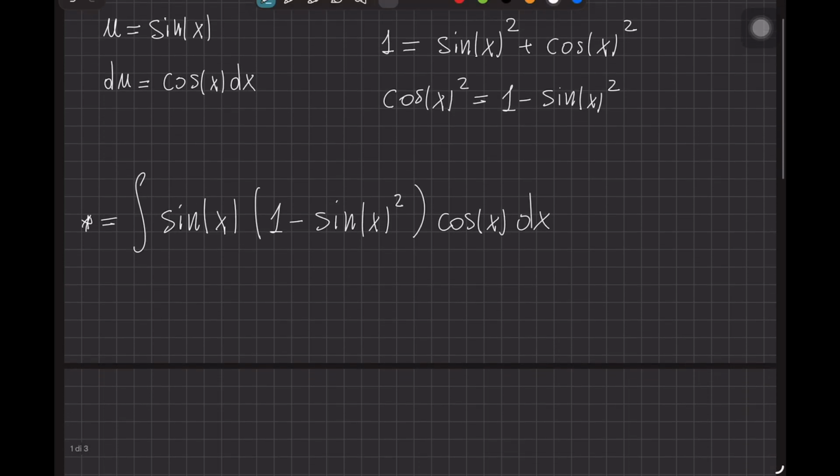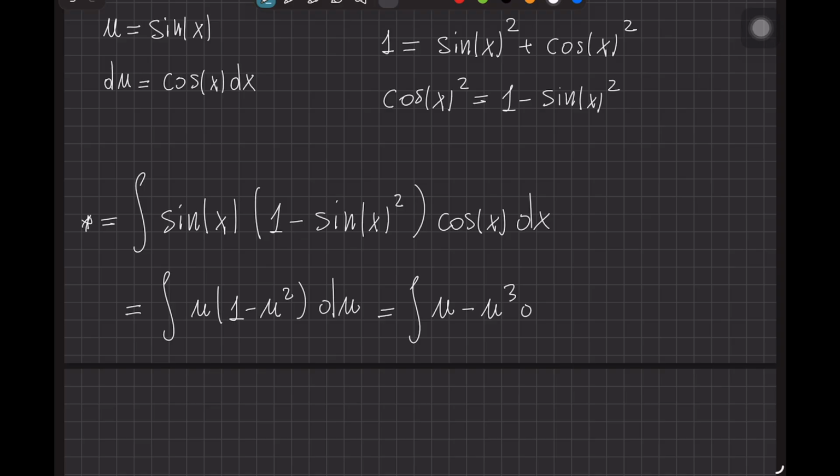So we are left to compute the integral of u times 1 minus u squared du, which we can rewrite as the integral of u minus u to the power 3 du, which simply becomes u squared over 2 minus u to the power 4 over 4 plus a constant.